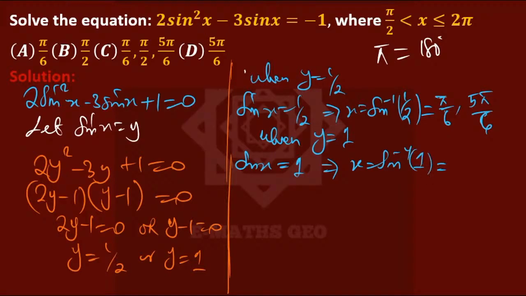So 90 is pi over 2. That's the only answer. So the answers are pi over 6, 5 pi over 6, and pi over 2.